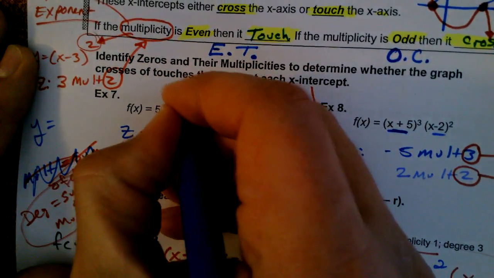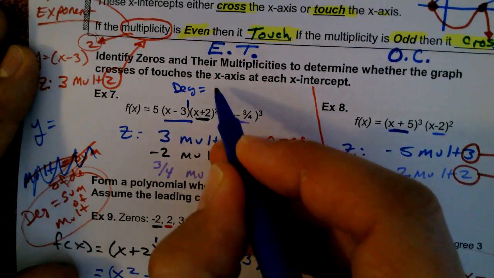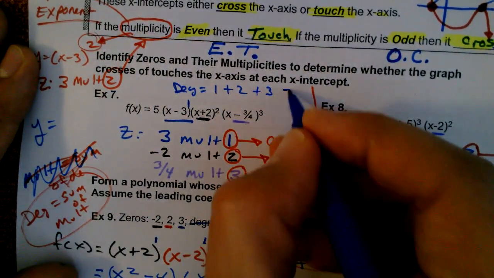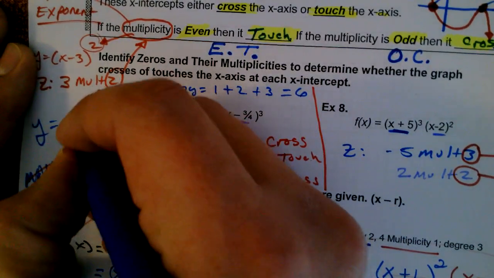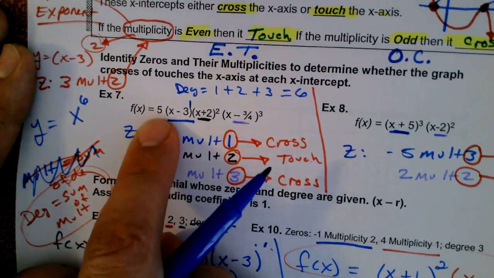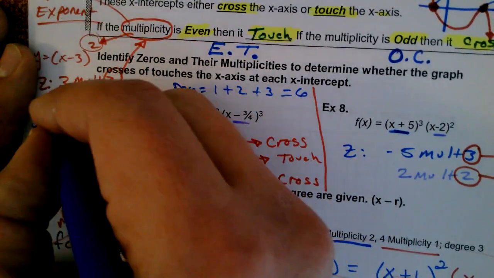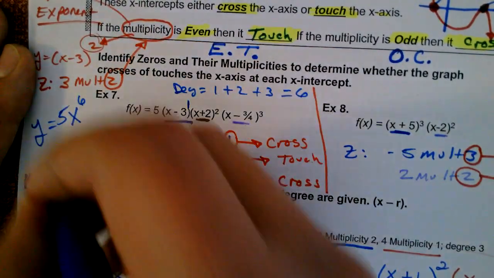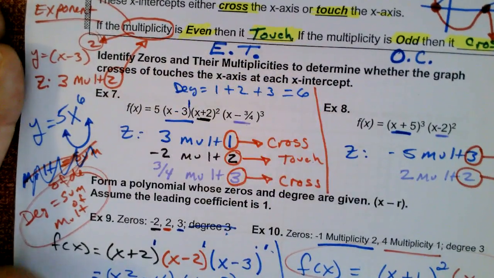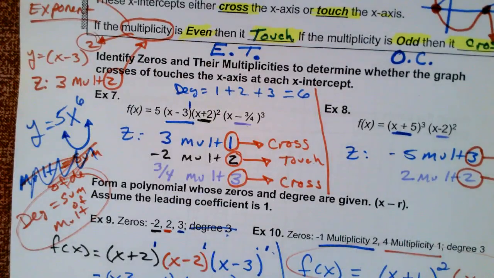My degree is 1 plus 2 plus 3, which is 6. So I know it's going to look like y equals x to the 6th. And there's a positive number in front, so because it's even and positive, it's going up in both directions.